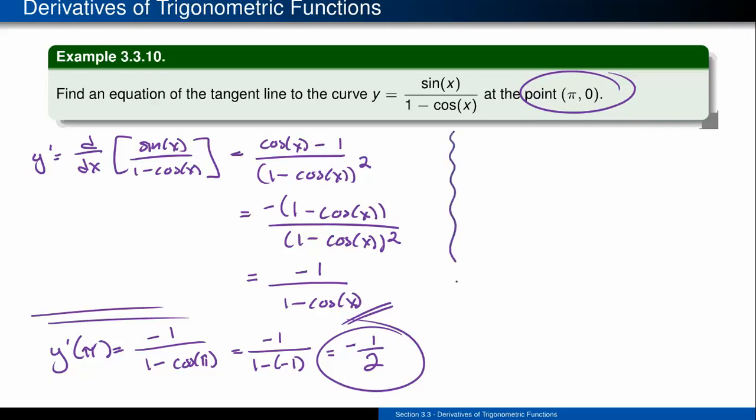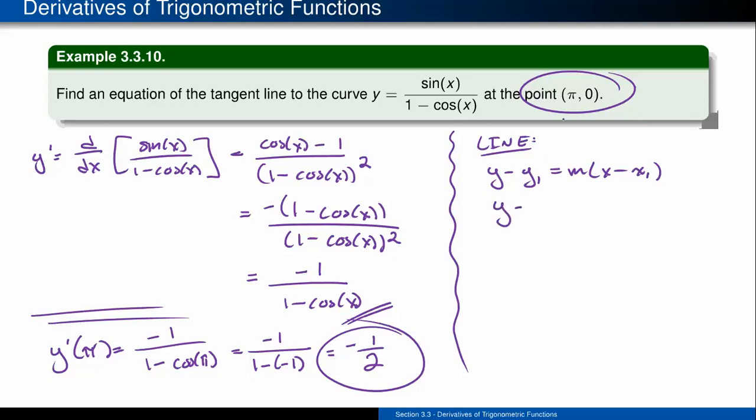Once I have that, the rest of the problem is pretty easy. My line in this case is simply y minus y1 equals m times x minus x1, plugging in everything that I know. I know what my slope is, a negative 1/2. I have my point, dump all of this stuff in, and see if I can clean up my line a little bit.